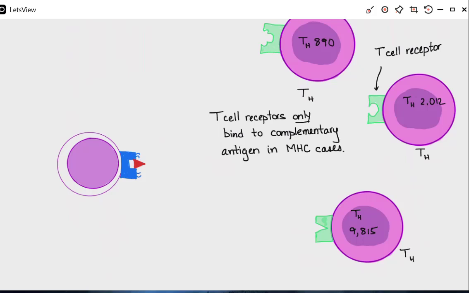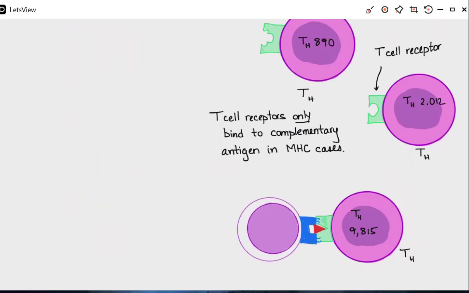You might notice that I kind of put these little tiny hooks on the MHC case. Those hooks grab onto the T cell receptors. So when I go ahead and try getting this guy to bind here, those hooks basically grab on.